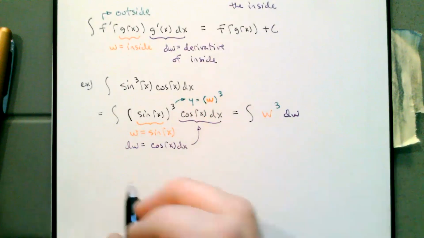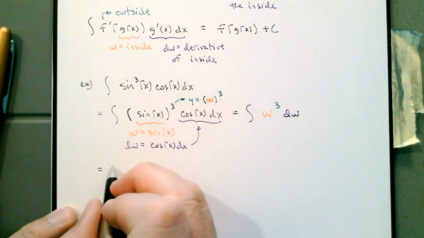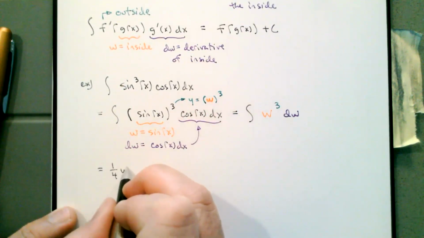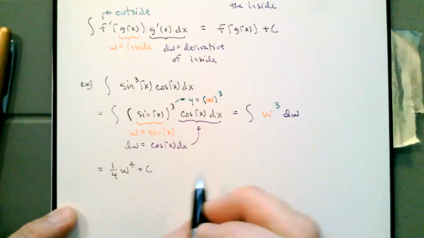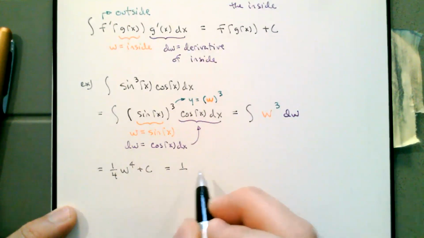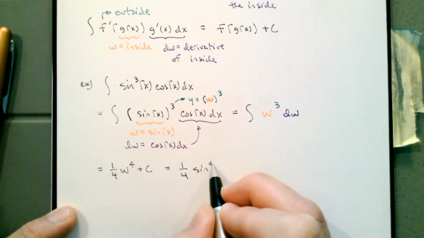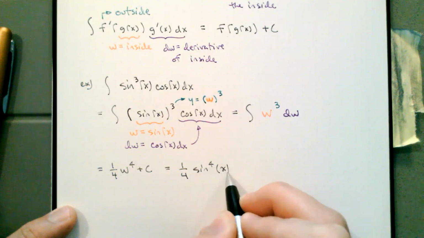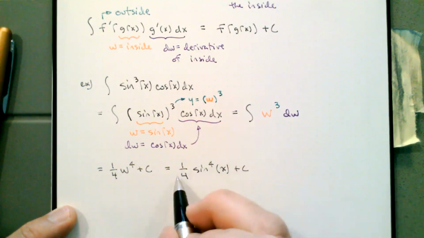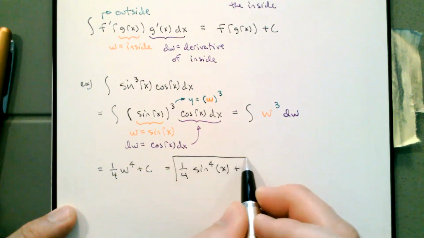The integral of w to the third is 1/4 w to the fourth plus some constant. And w is sine of x, so we'll have 1/4 times the sine, the fourth power of the sine of x. Plus c, of course, because we don't want to lose a billion points.